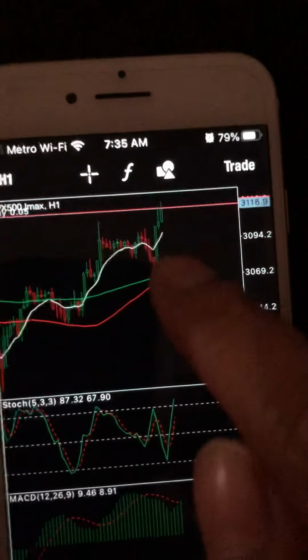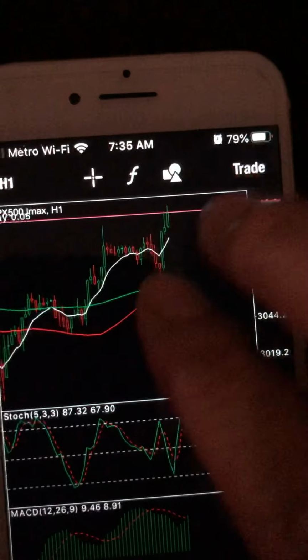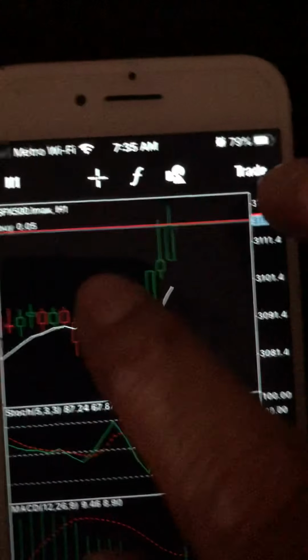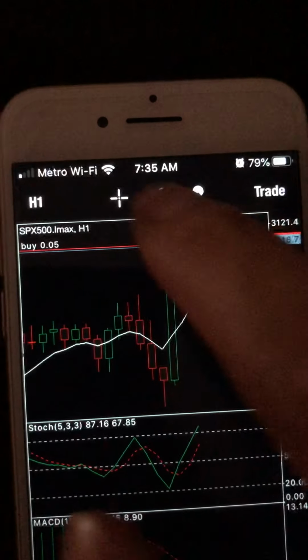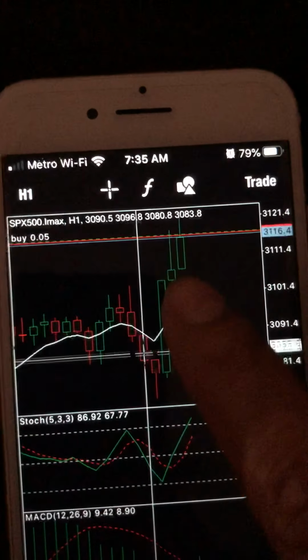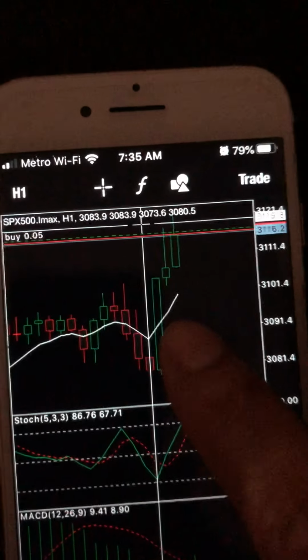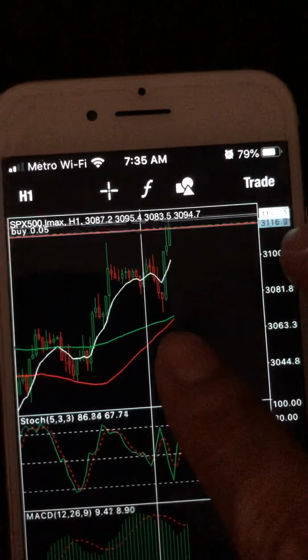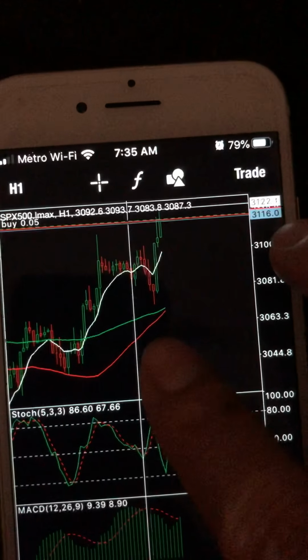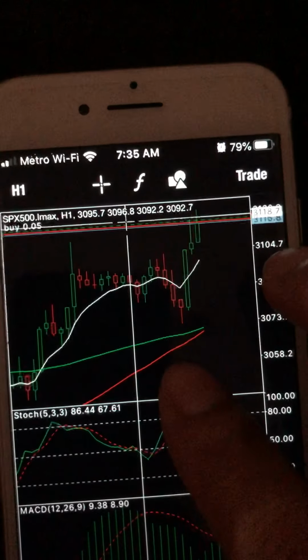Yes, get me in the market right now. Okay, it shows my green dotted line. Then I can see where I want to set my targets if I'm not around my phone. So I'm going to set it around here. Some people try to be greedy and go up here, but I'm going to make enough money right here.